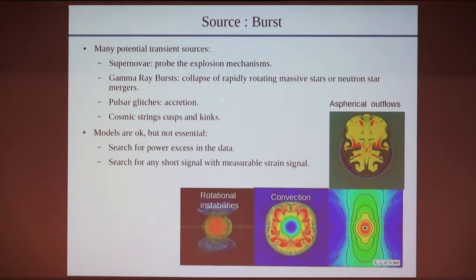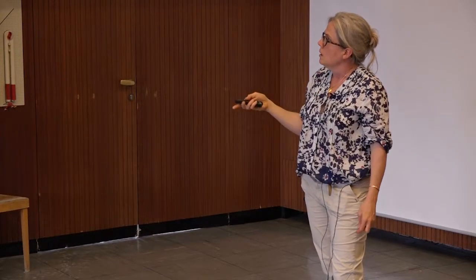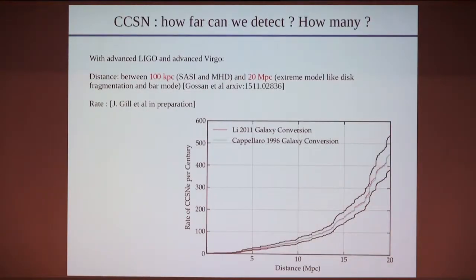There are other kinds of burst sources that we are looking for, for instance, cosmic strings. These are not astrophysical sources, but they are expected to emit gravitational waves in the frequency range of the LIGO and Virgo detectors. There are lots of things. The point with core collapse supernova is that what we expect is to have one.